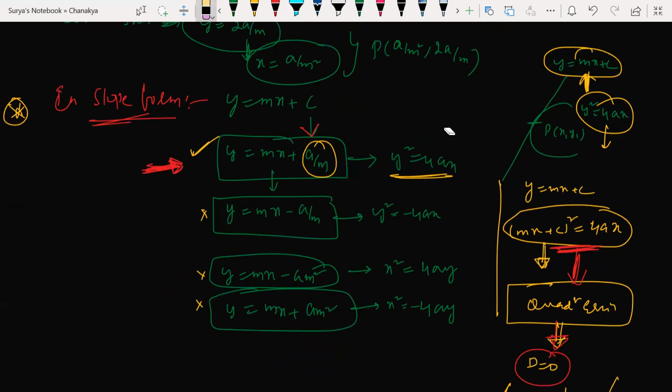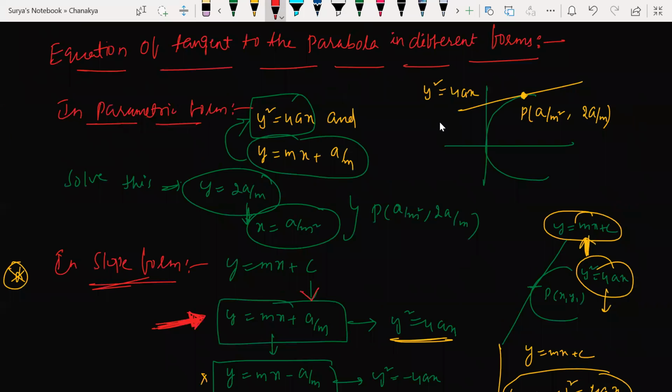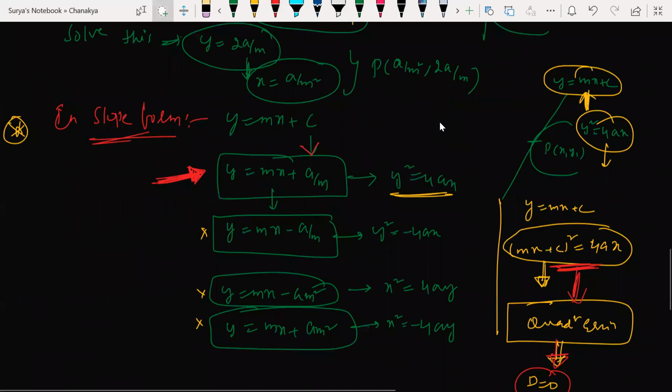What is the tangent equation in slope form now? This is my tangent equation in slope form. And look at this, this is my parametric form. Let me write the parametric form.